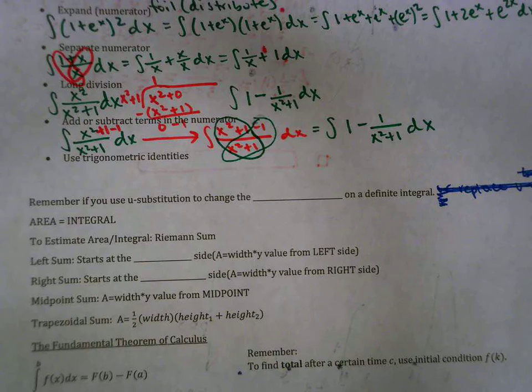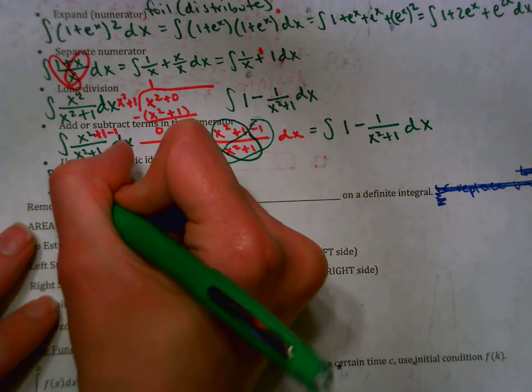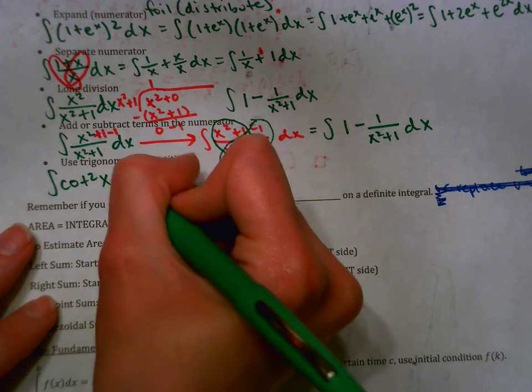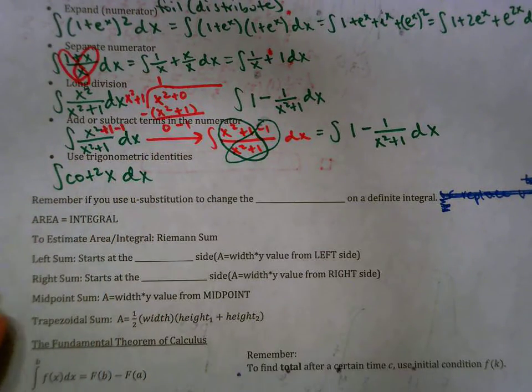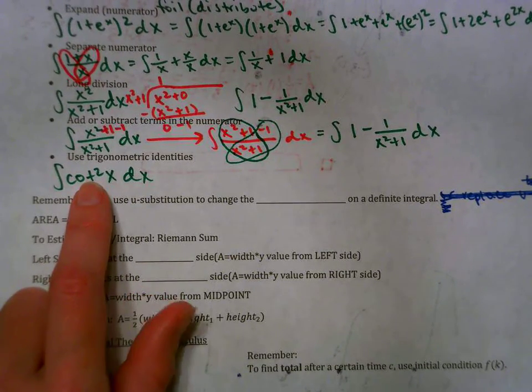And another thing you could do is use trig identities to help you, which I know we're not the biggest fans of. So an example of this could be if you had the integral of cotangent squared. So that is no one's original derivative, right? So we're saying whose derivative is cotangent squared?